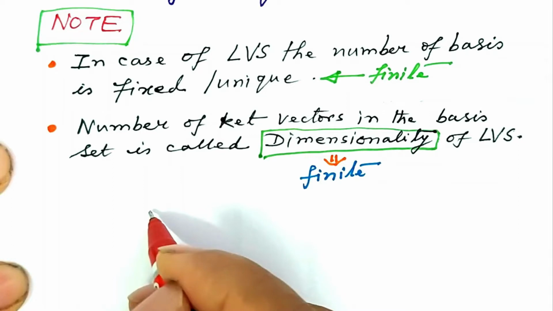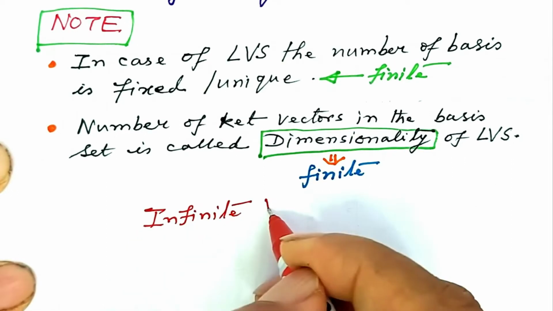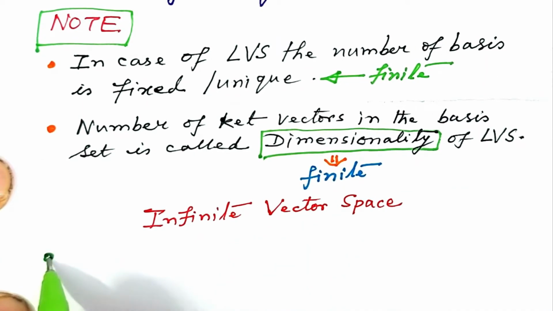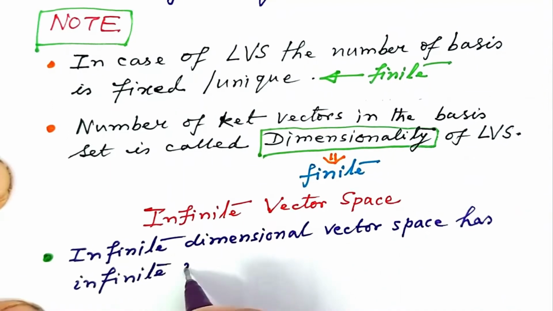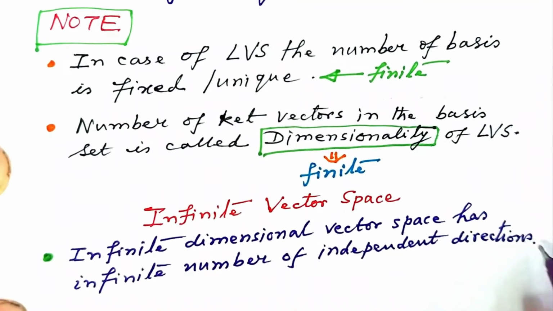Let us now explore what if the number of dimensions is infinity, that is n tends to infinity. So let us consider an infinite vector space. Infinite dimensional linear vector space has infinite number of independent directions.